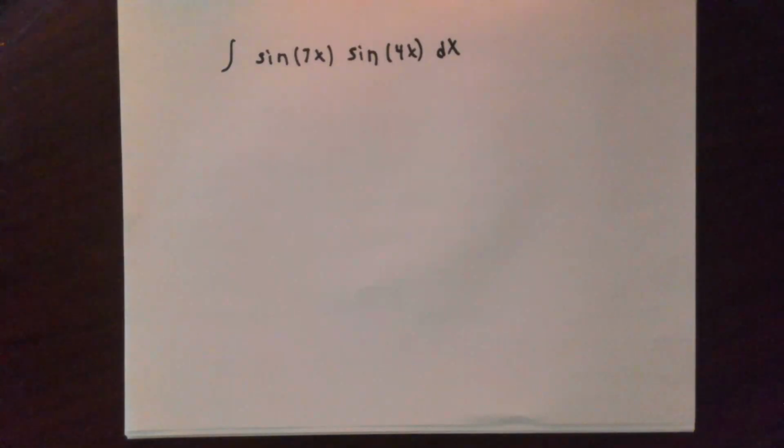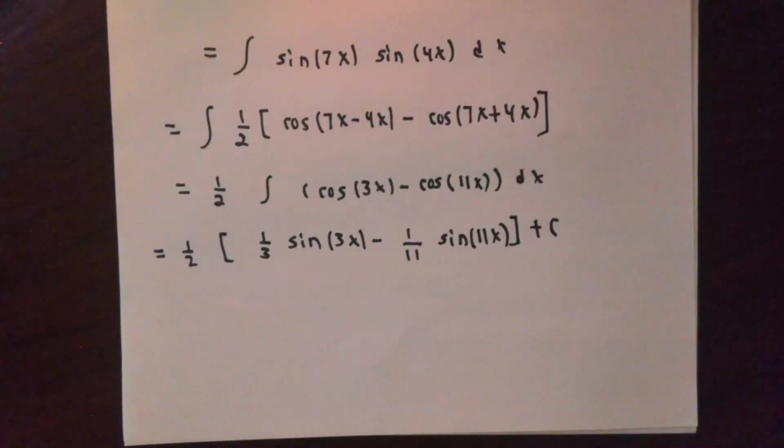For example, we can do the integral sine 7x times sine 4x by using the formulas that we've just described. Doing the integral is then direct.